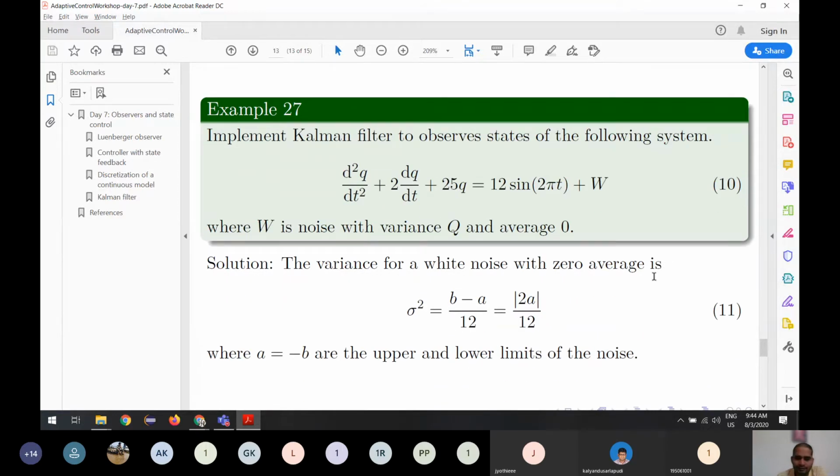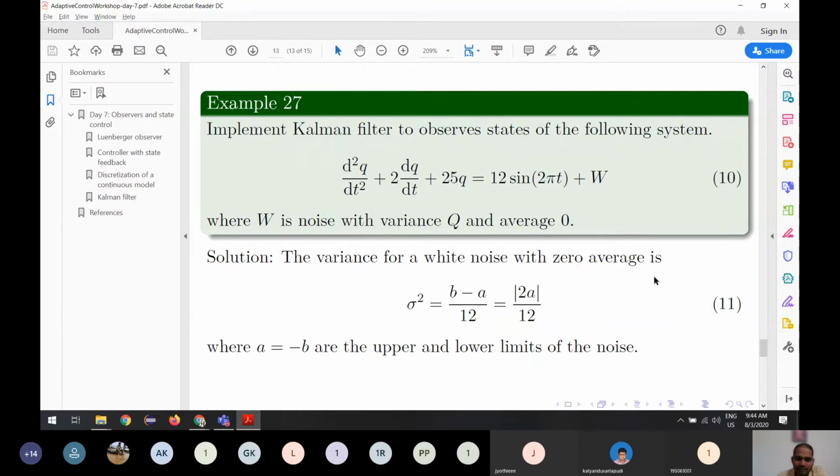Okay, so first let us see how we calculate variance in white noise. There is a formula (B minus A) squared divided by 12. The B and A are the upper and lower limits. So if the noise is between 5 and minus 5, the 5 and minus 5 will be B and A. So what is the variance?